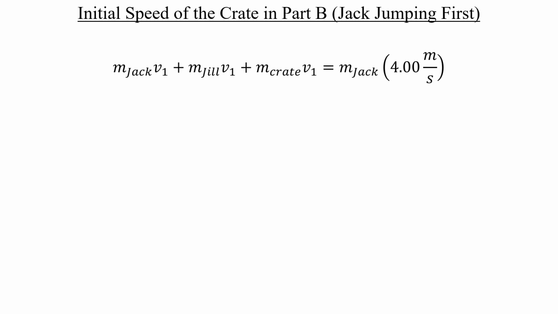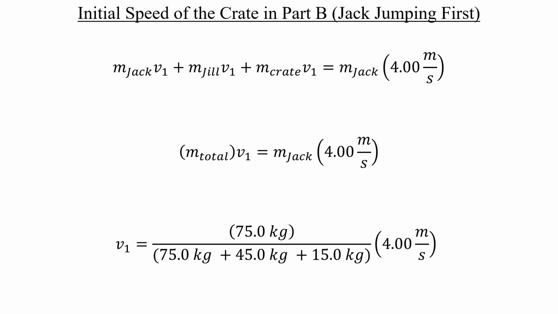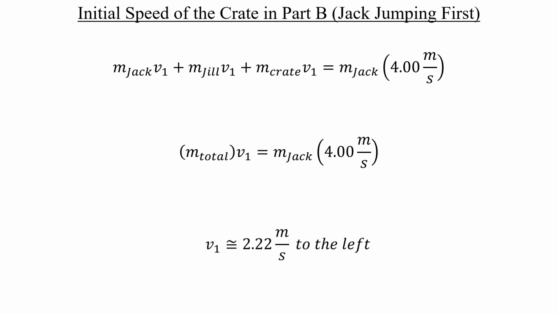We can factor out v1 and call the sum of all these masses m total again, and then divide both sides by that total mass. When we plug in the numbers, we'll end up getting the following. Jill and the crate will move to the left at approximately 2.22 meters per second.